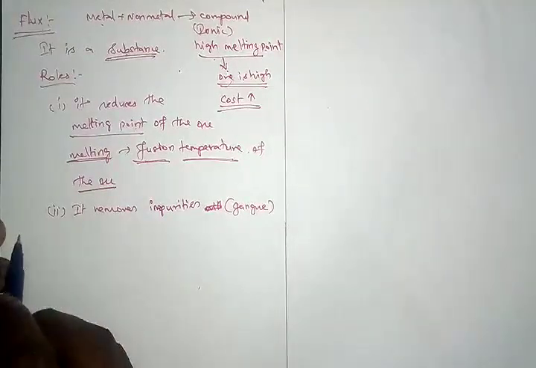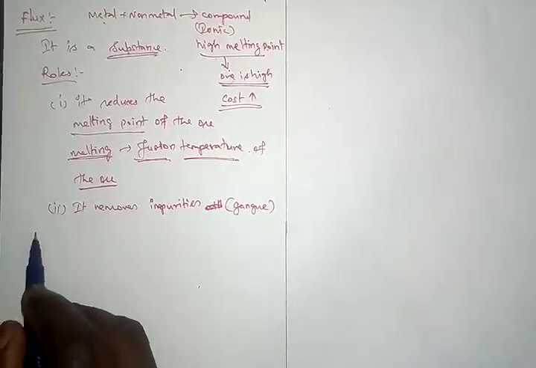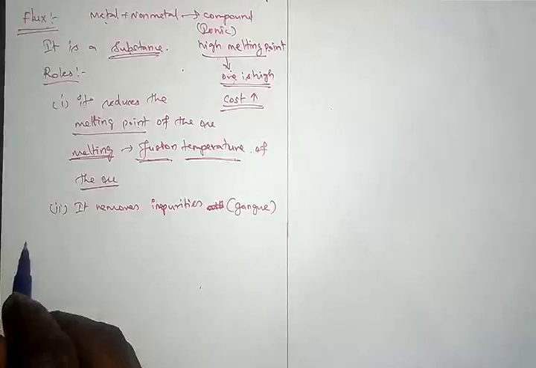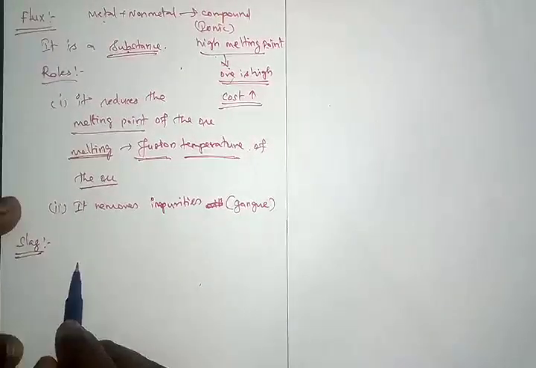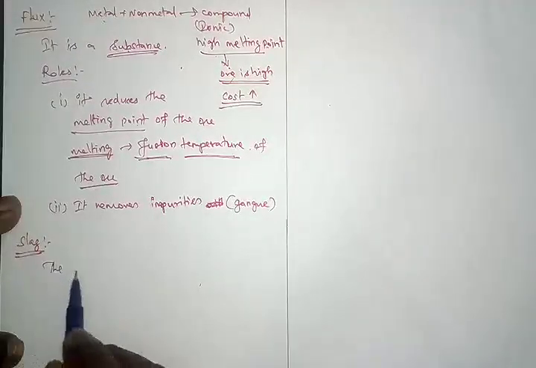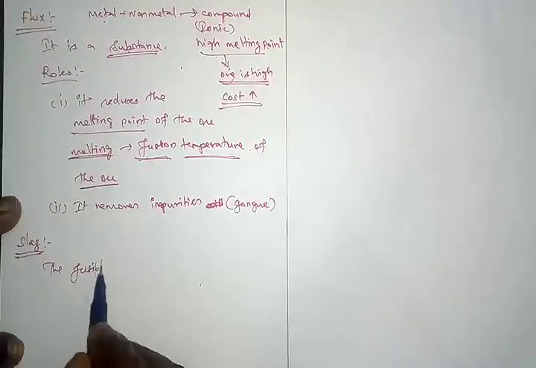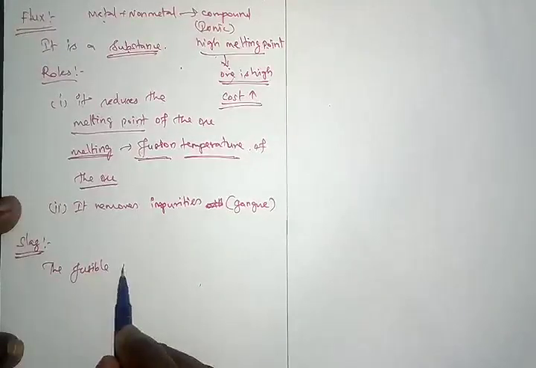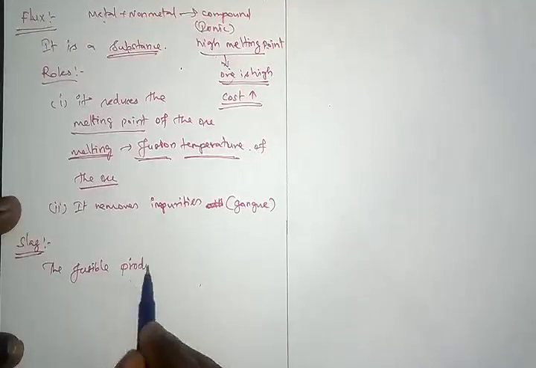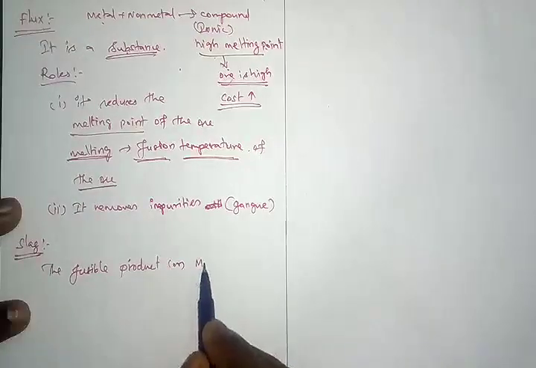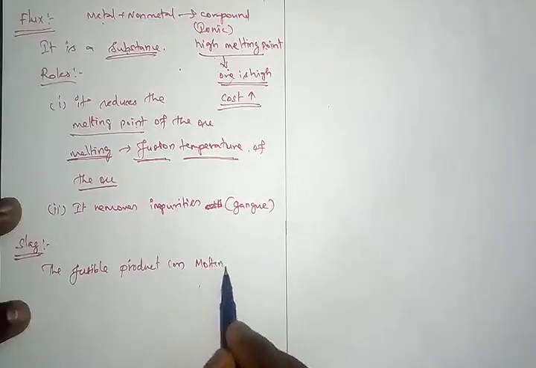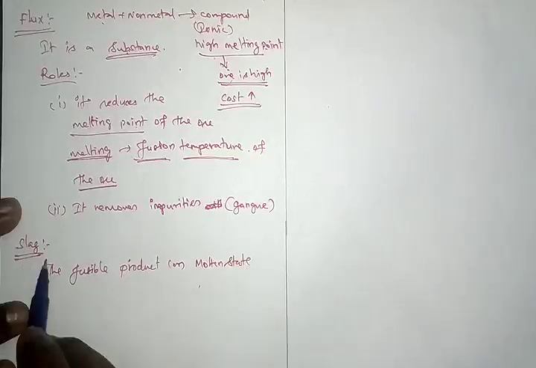Now next is slag. What do you call slag? The slag is very simple. It is a molten impurity, we call it a fusible product, or it is in the molten state. What is called slag?